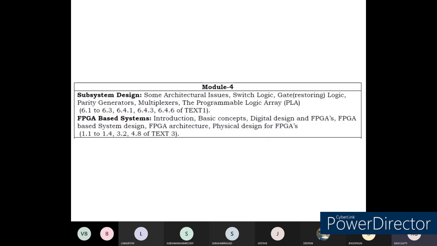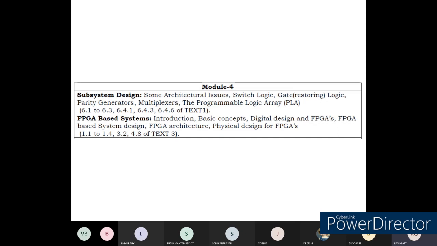Field programmable gate array circuits will enable us to realize our circuits in a hardware component. You are going to study the architecture component of your FPGA based system, how the FPGA has evolved, and what the options are for implementing your system in an FPGA. All those things you are going to study in this second chapter of module number 4.